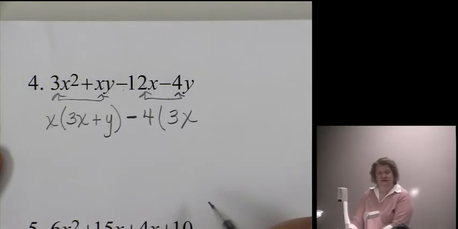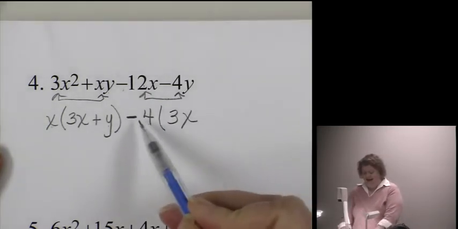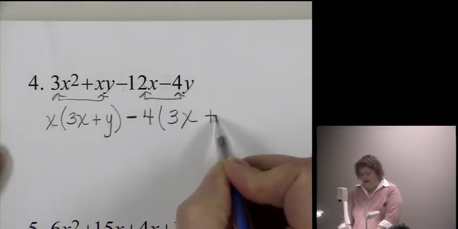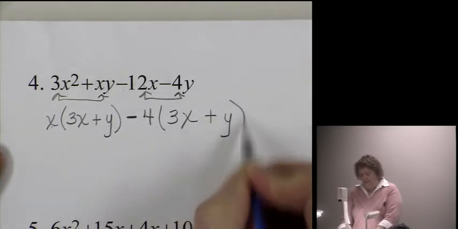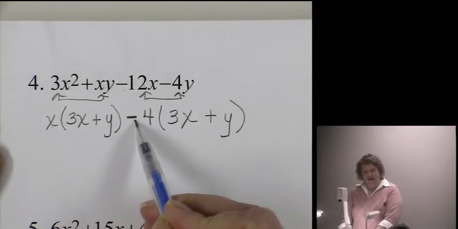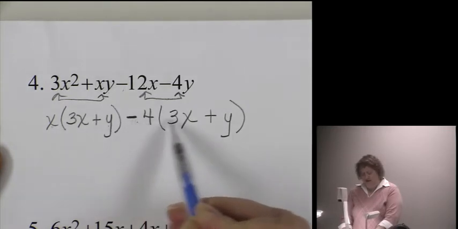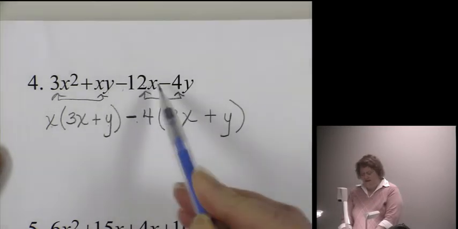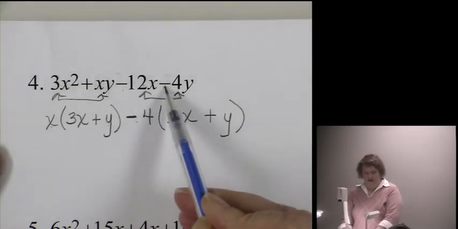Notice what this is going to do to my sign. A negative divided by a negative gives me a positive y. When I bring out this negative, it's going to make this term a positive and this term the opposite of what this one is.